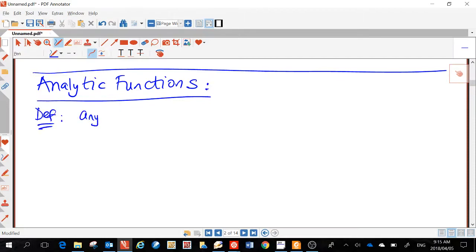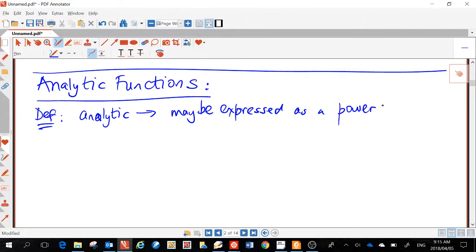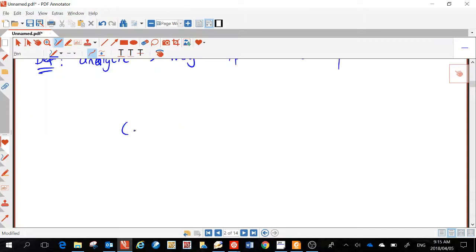Analytic basically means may be expressed as a power series. You can write a function as a power series, in other words, a Taylor series.